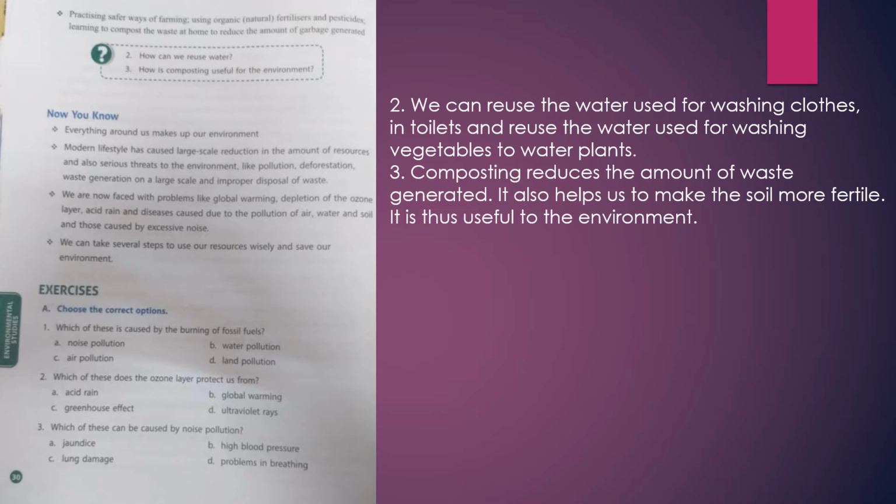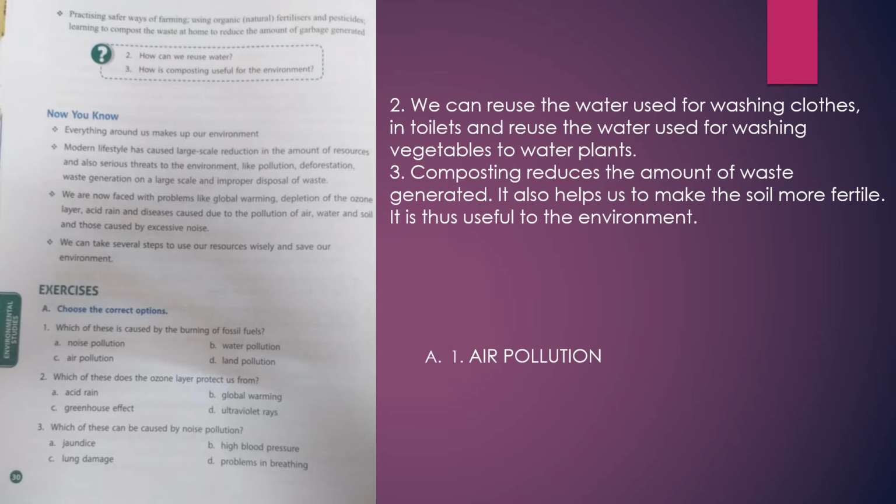Now let's go to the exercises. Section A. Choose the correct options. First question. Which of these is caused by the burning of fuels? What is the answer? Yes, air pollution. Second question. Which of these does the ozone layer protect us from?